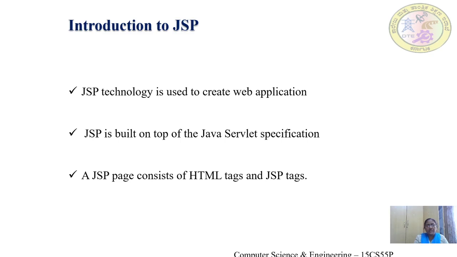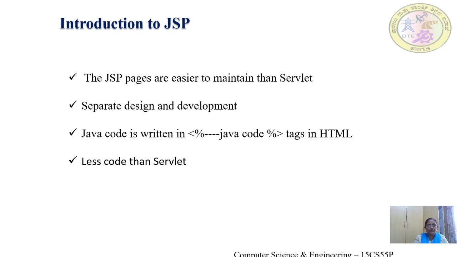This JSP page consists of HTML tags and JSP tags. The JSP pages are easier to maintain than servlets because here we have separate design and development parts. But in the case of servlets, it is a mixture of both design and development code.